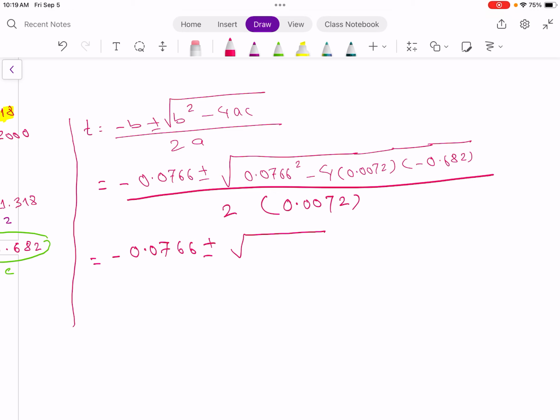Does anyone have the final answer? Just simplify whatever we have under the square root, okay? We will get a positive number. I want to know what that positive number is.